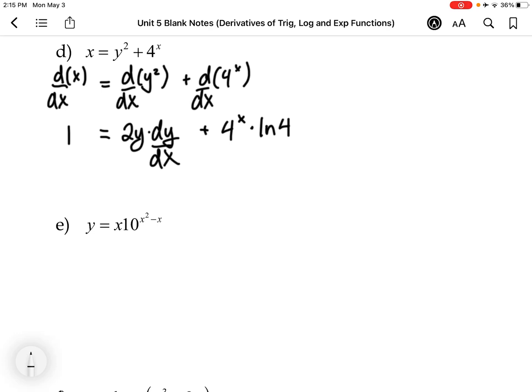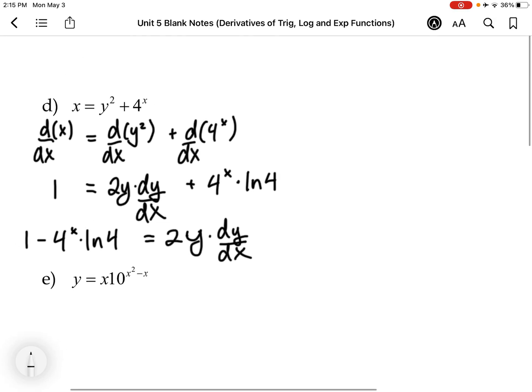All right, and now we have to just go about isolating dy dx. So maybe I'll subtract 4 to the x ln 4 from both sides. So I'll have 1 minus 4 to the x times ln 4 equals 2y times dy dx.